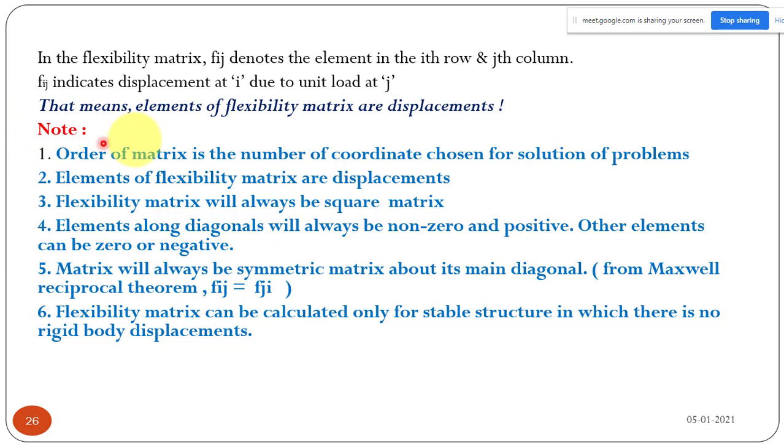So maybe we can write: the order of the matrix is the number of coordinates chosen for the solution of the problem. Suppose if you have only two coordinates like our problem, the order will be a 2 by 2 matrix. If you have three coordinates, your matrix will be a 3 by 3 matrix.